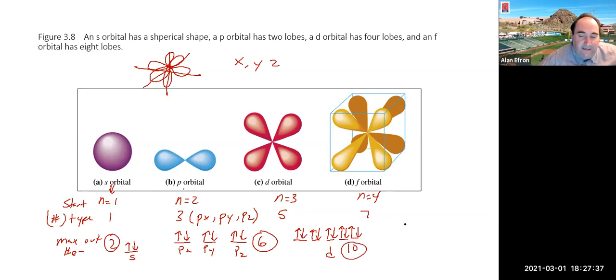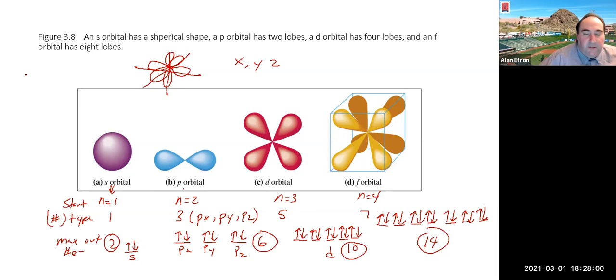And there are 7 different f orbitals, which each can hold 2 electrons. Again, they go in one at a time, and then they come back and pair up. And that would be a grand total of 14 electrons.